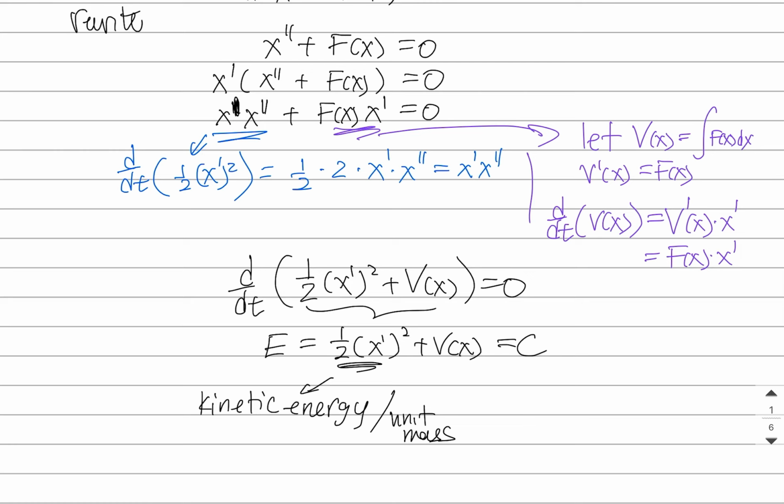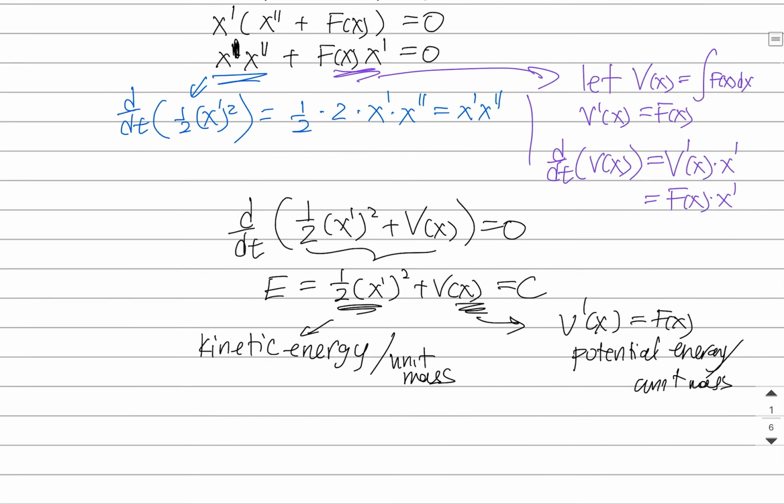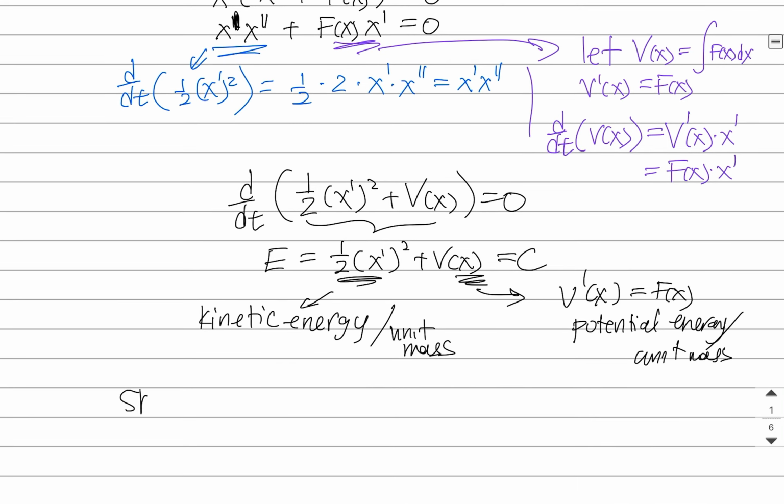And this term over here, this v of x with v prime equal to f of x, is just some sort of potential energy per unit mass. And so what we've shown here is that the total energy, kinetic plus potential, is conserved in time.